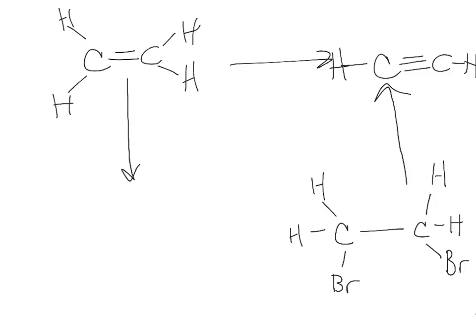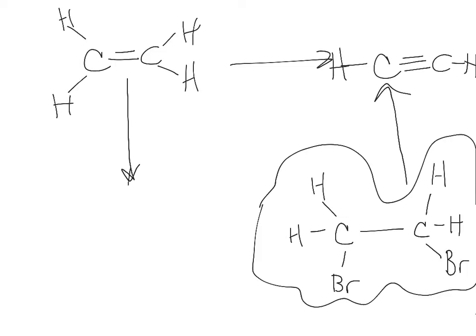You might remember that we know how to make this molecule that I've just drawn from an alkene. You would add Br2 in some sort of organic solvent. CCl4 is popular, tetrachloromethane, or carbon tetrachloride.